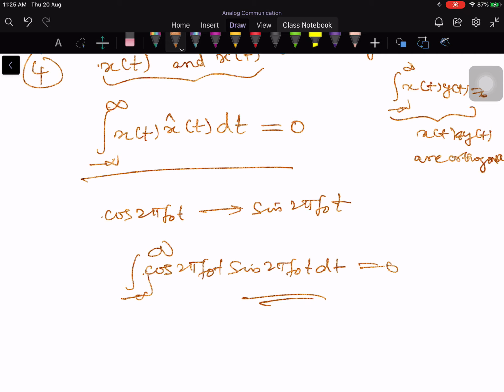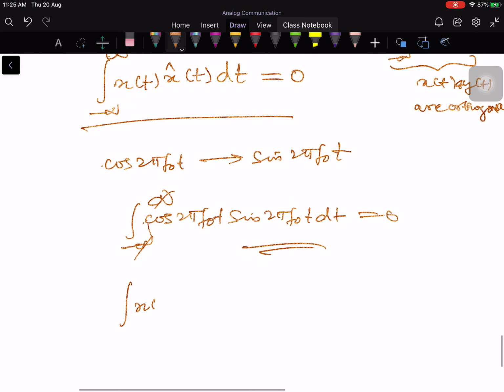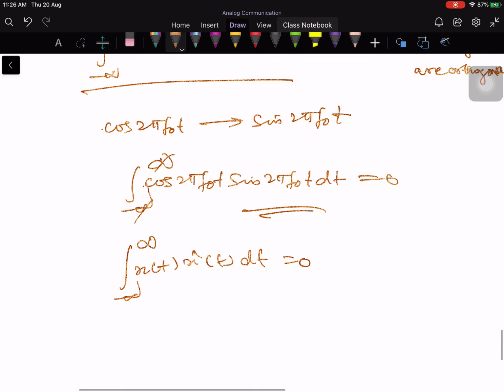Don't take minus infinity to plus infinity, you can take any integer number of cycles and you can find that it is going to be 0. So mathematically this is written as the integral of x of t times x hat of t dt is equal to 0. Of course, this statement is for energy signals. For power signals there will be a slight modification of this statement mathematically.